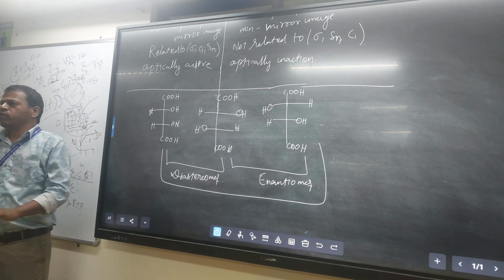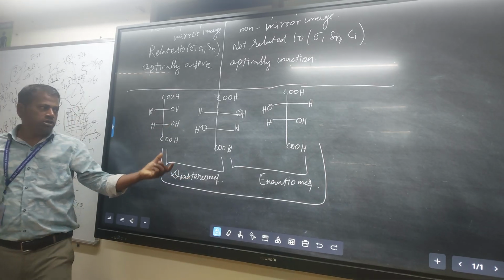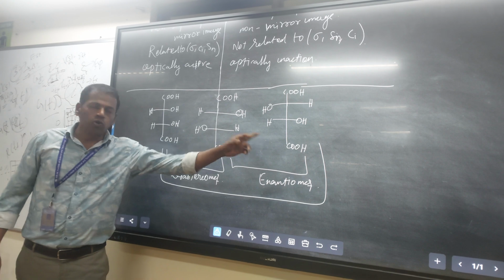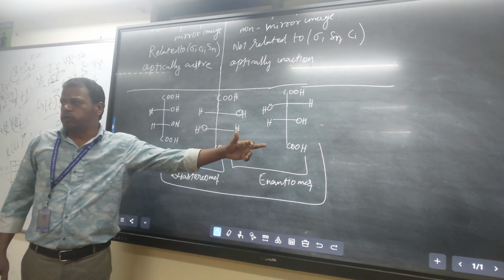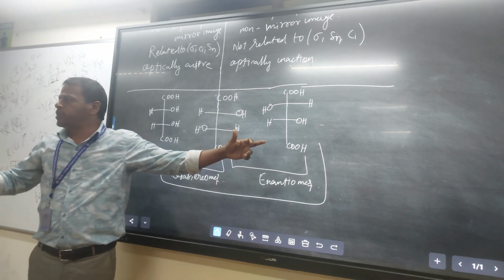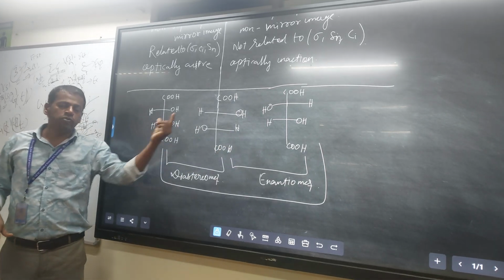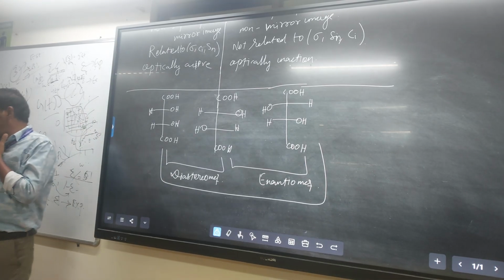Students, listen: both are mirror images but non-superimposable, that is enantiomer. 1 and 2 are not mirror images and are non-superimposable. Therefore this is a diastereomer.